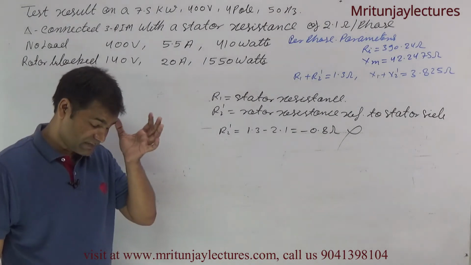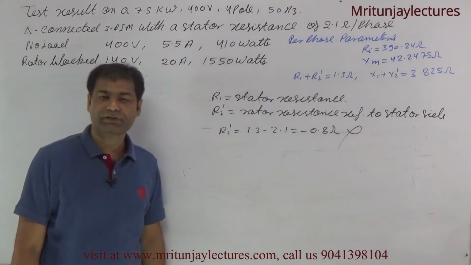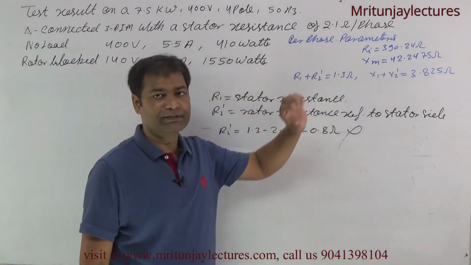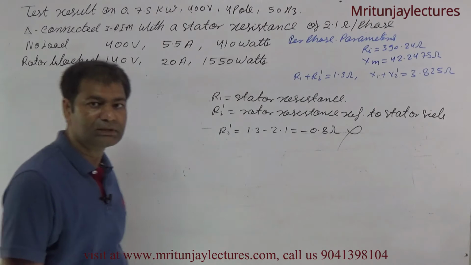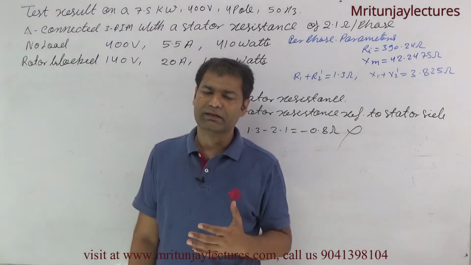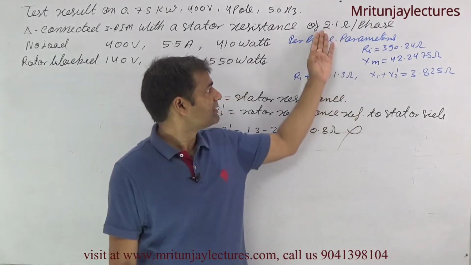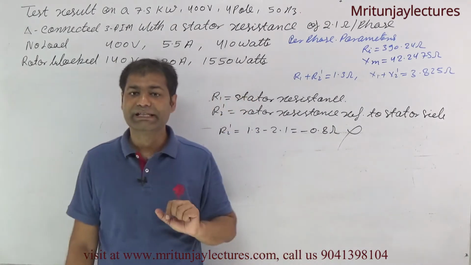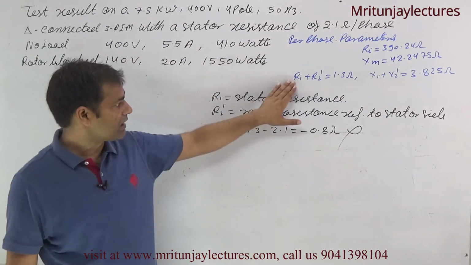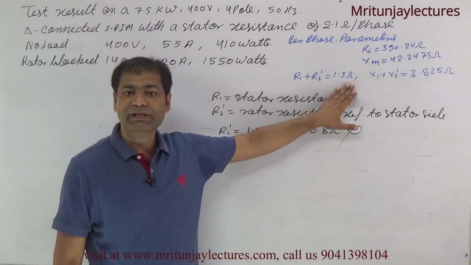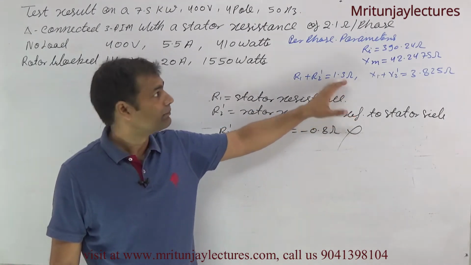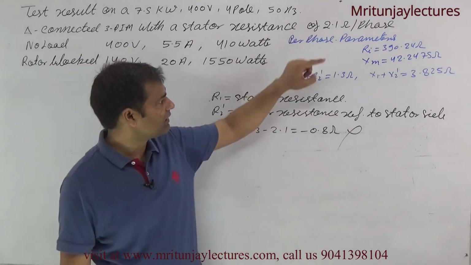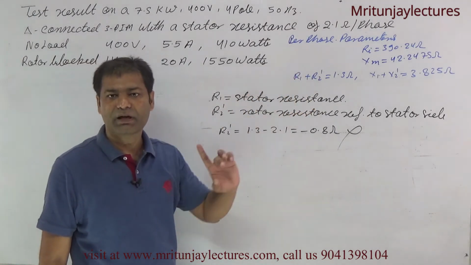I know why. The 2.1 ohm per phase corresponds to delta, that is the delta per phase stator resistance, but all parameters are calculated in star connection. So R1 plus R2 dash equal to 1.3 ohm is a star per phase value, but the other is delta per phase, so you cannot subtract them. If you convert it into star, then you can determine R2 dash.